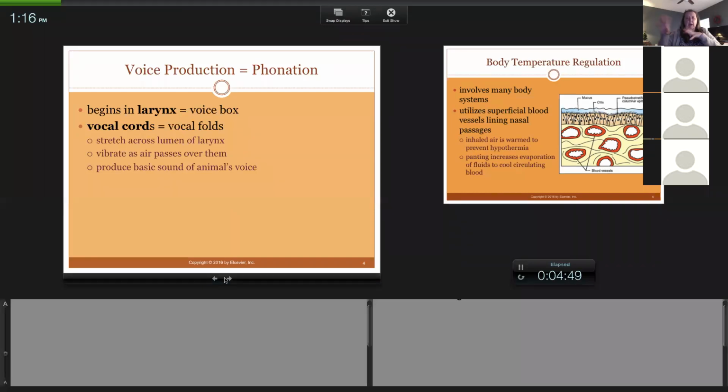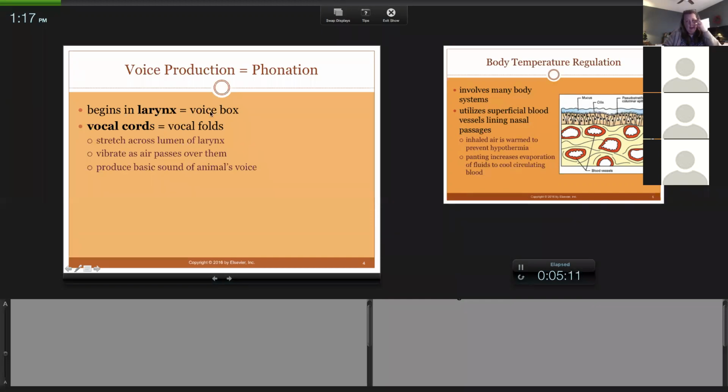But let me talk about the different secondary functions, because I'm going to talk about oxygen and carbon dioxide exchange coming up. First, your voice production, which is called phonation, the ability to produce a sound, starts in the respiratory system. The larynx is considered the voice box.